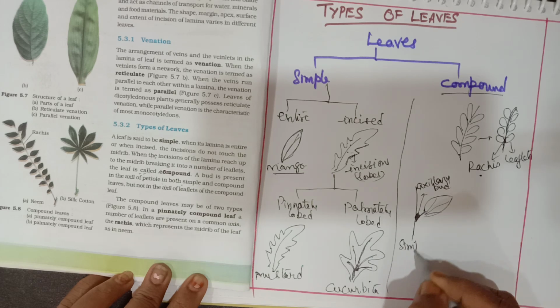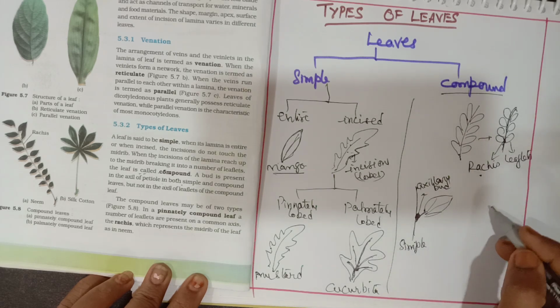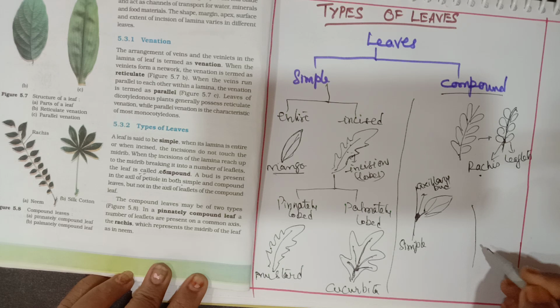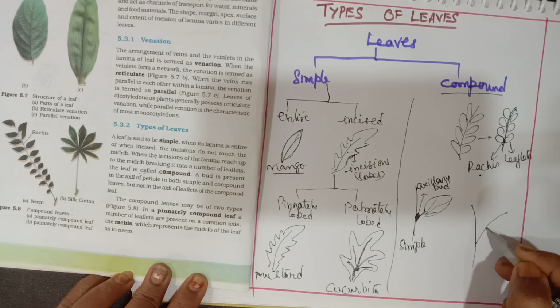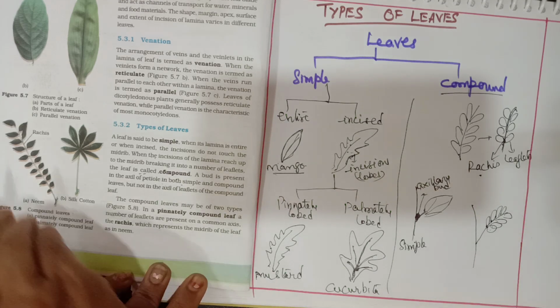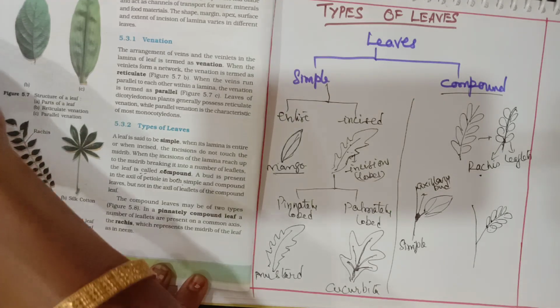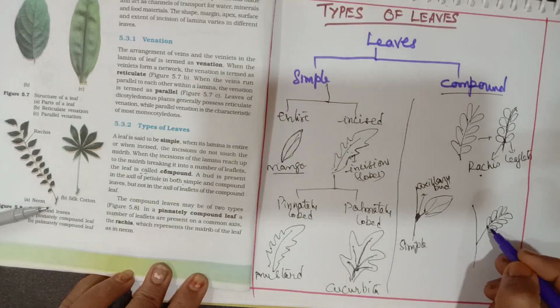Suppose we take a compound leaf like this. This is the attachment of the compound leaf. This is how it will be attached, and these are the individual leaflets. So here we don't find any bud in this axil.